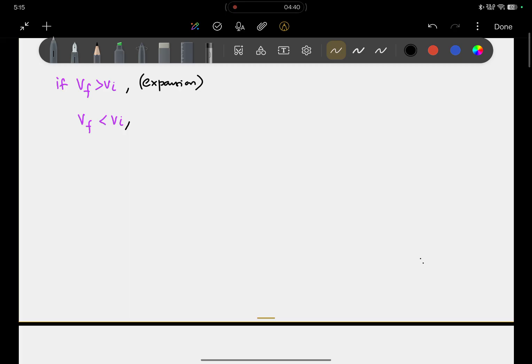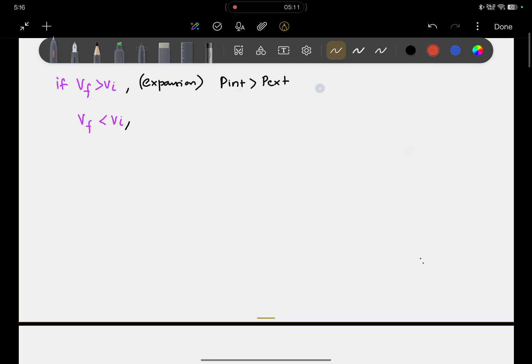The final volume is greater than the initial volume. That means the internal pressure is greater than the external pressure. So the final volume is greater than the initial volume, and P internal is greater than the external.